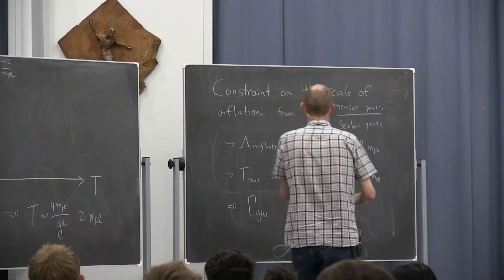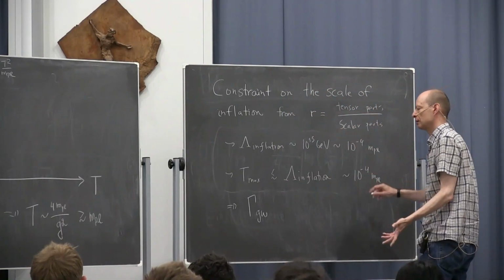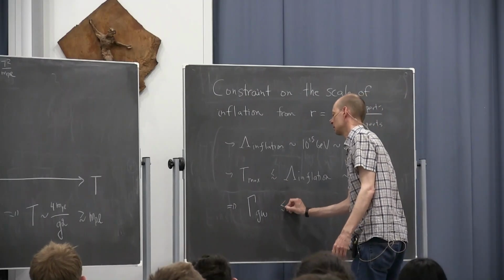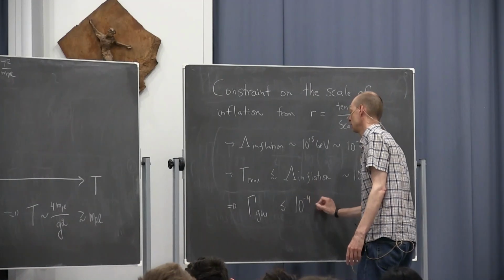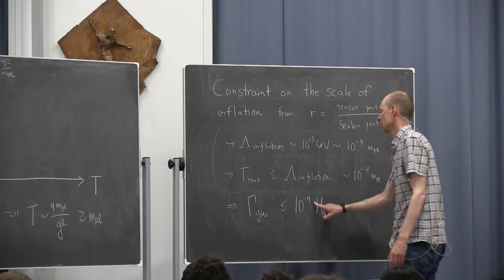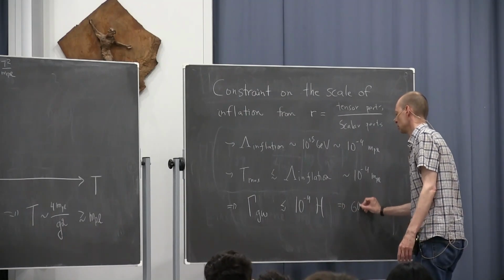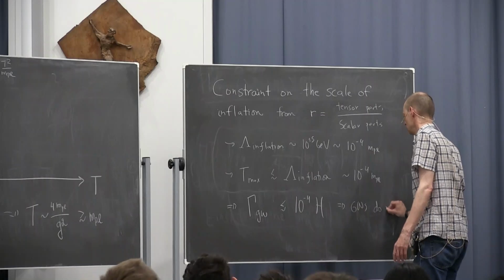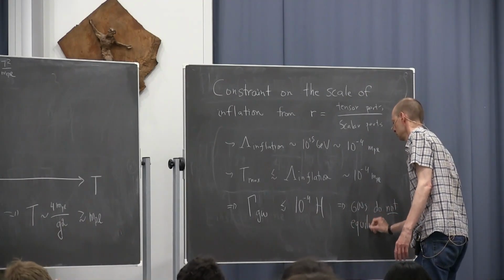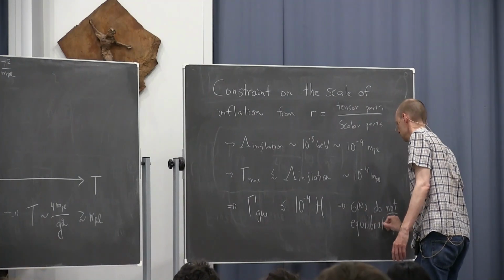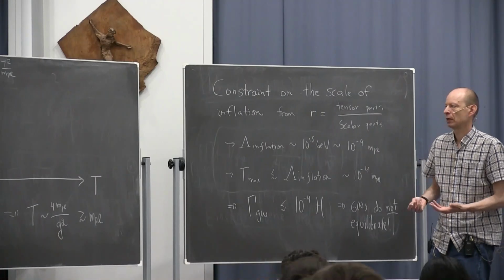So if we are 4 orders of magnitude below the equality, then this one also is 4 orders of magnitude below the Hubble rate. And therefore, the gravitational waves do not equilibrate. But they are still produced.